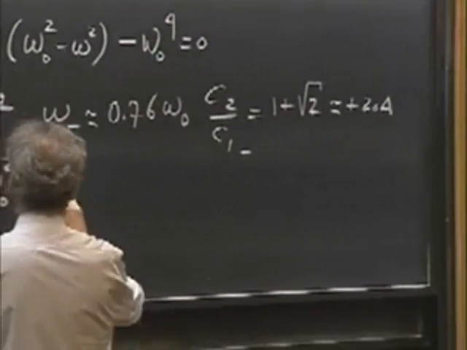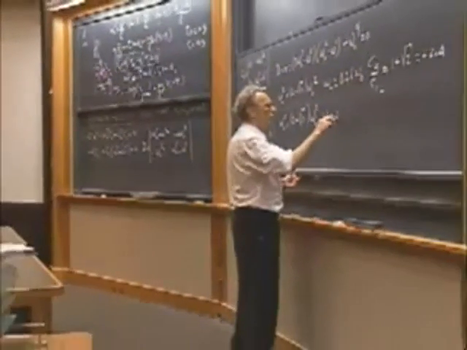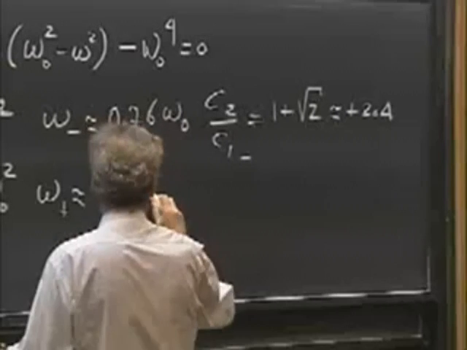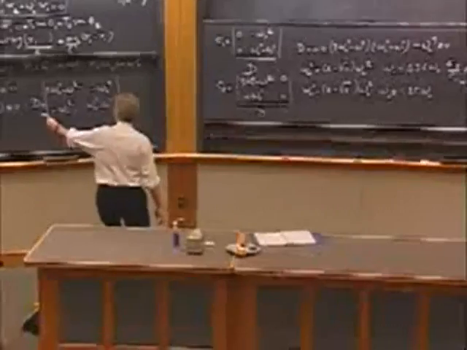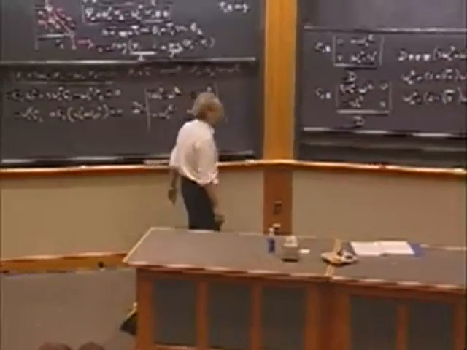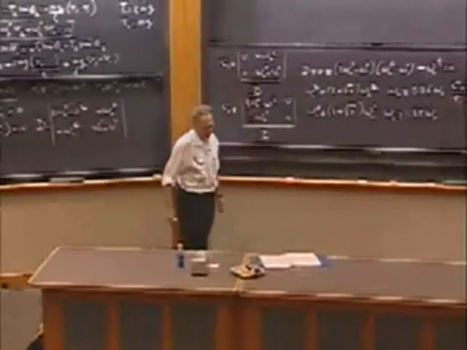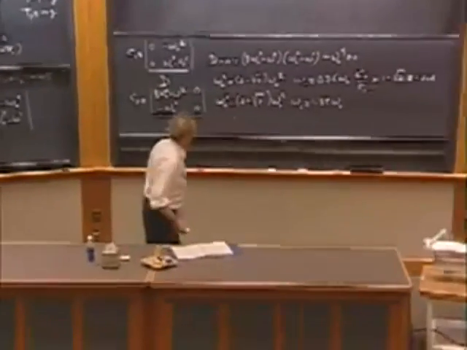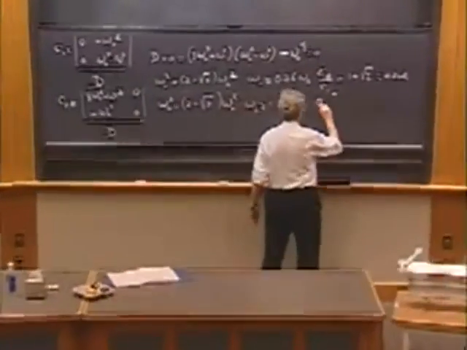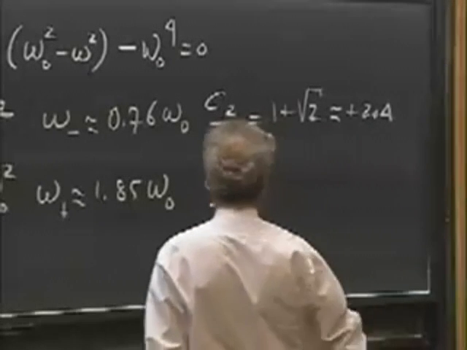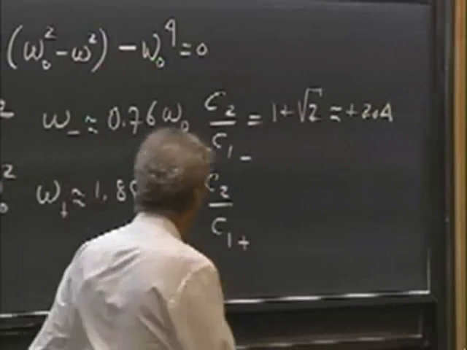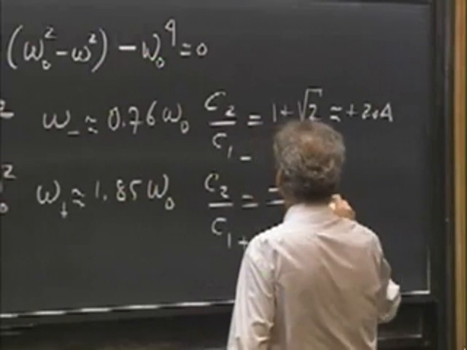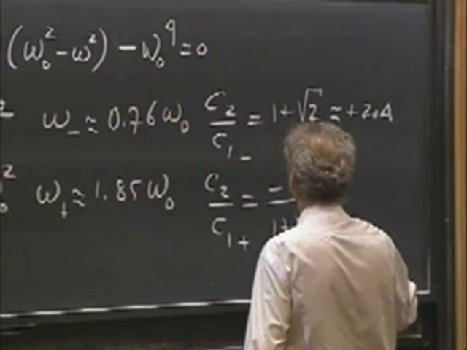And the omega plus solution gives you a frequency which is about 0.85 omega 0. That solution you can put back into your differential equations, or not the differential equations, I mean into this one, or you put it back into this if you want to, and you will find now that C2 over C1 for that plus mode, I call this the plus mode, that's my shorthand notation, is going to be minus 1 divided by 1 plus the square root of 2.